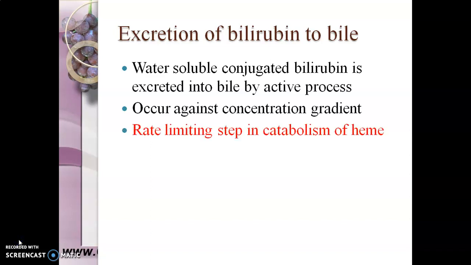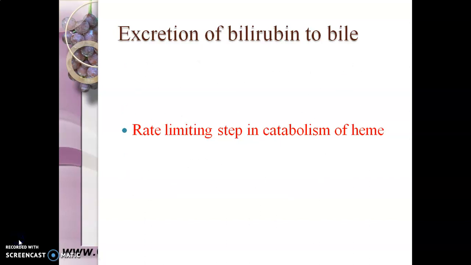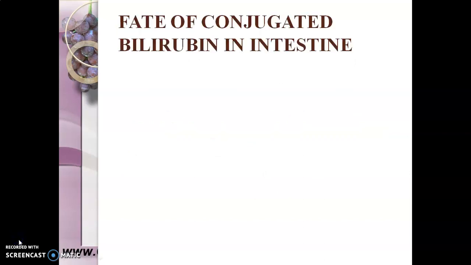Please remember, the entire catabolism of heme is regulated at the point of excretion, and this reaction is induced by phenobarbital and mediated by a multi-specific organic anion transporter, that is MOAT. Please take this point: this is the rate limiting step in catabolism of heme.